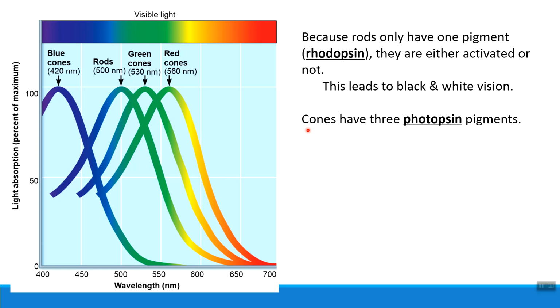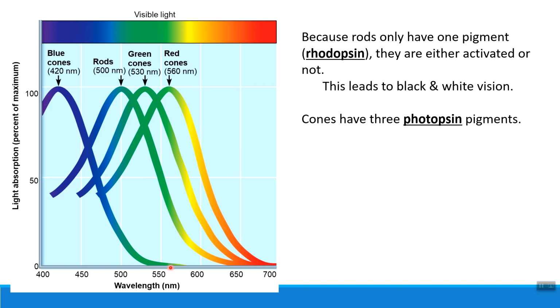Whereas in cones, we have three different photopsin proteins. Those three different photopsin proteins each are activated by a slightly different range of light waves. So notice that some of the cones in our eyes have the photopsin protein that's more sensitive in the blue range. It can detect light from about purple up through green.